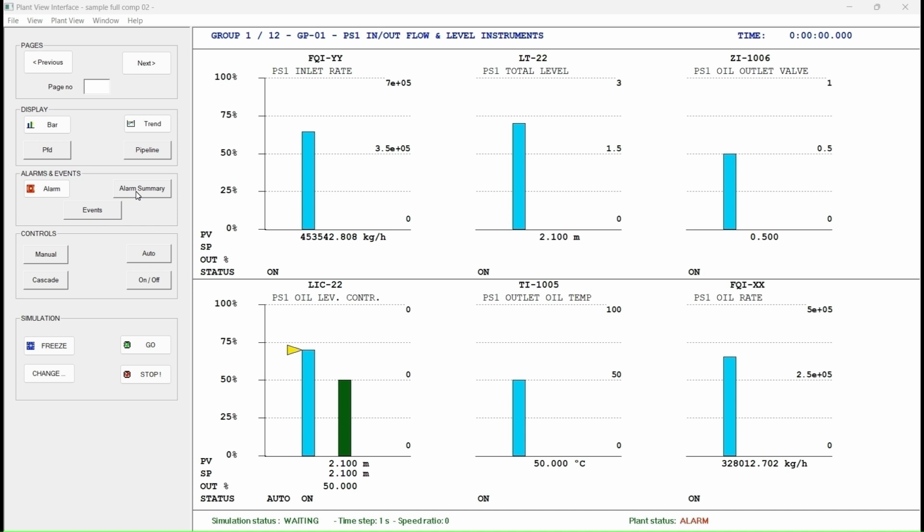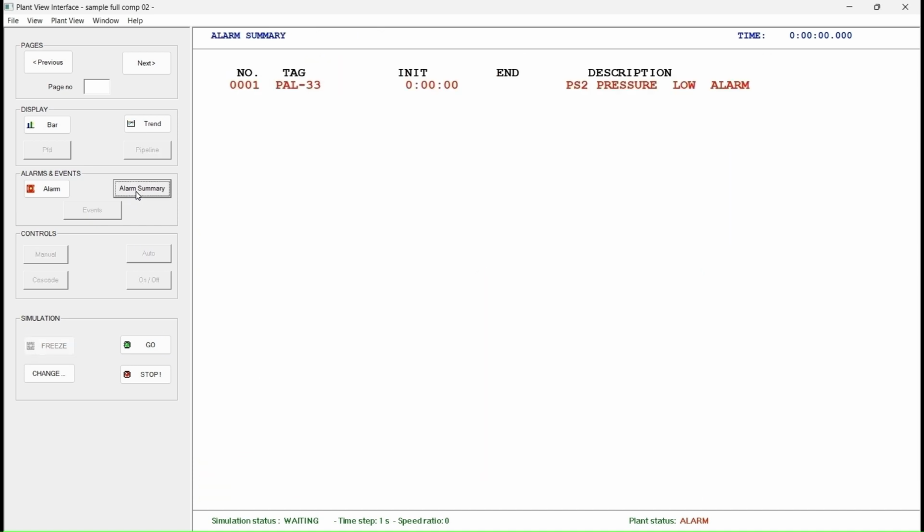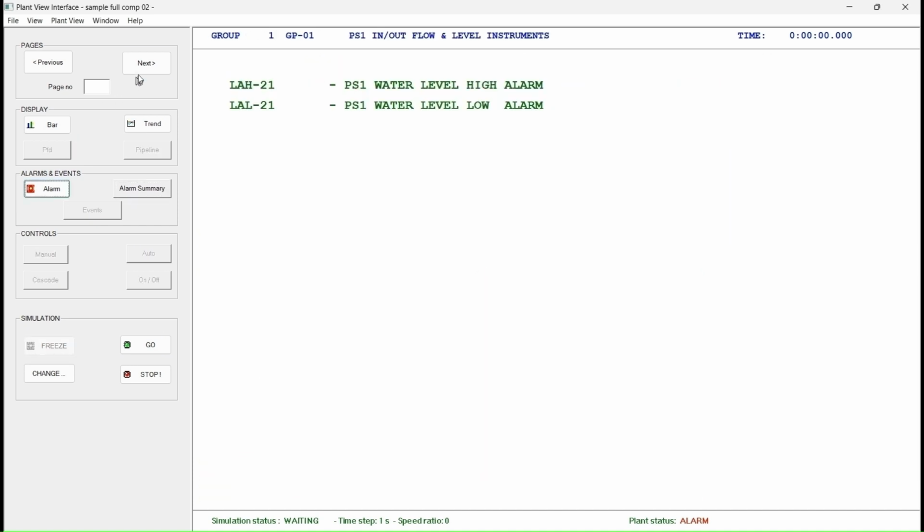Even at time 0, an alarm is activated. All alarm pages can be browsed.